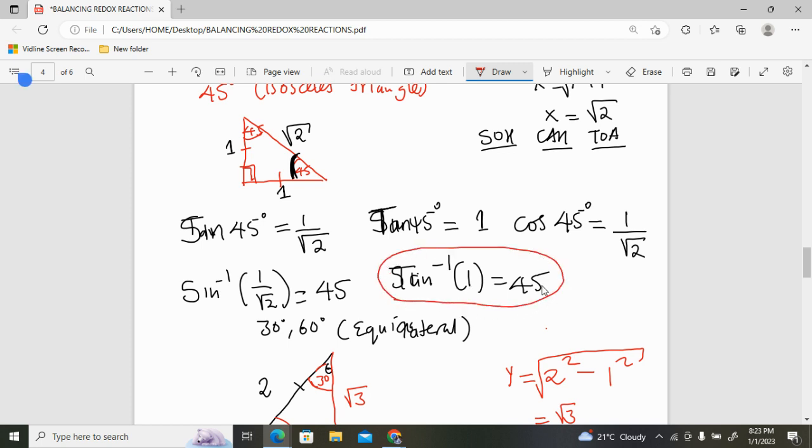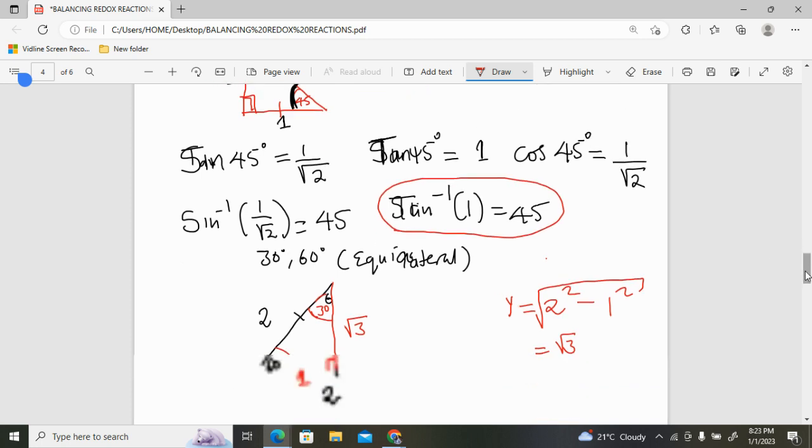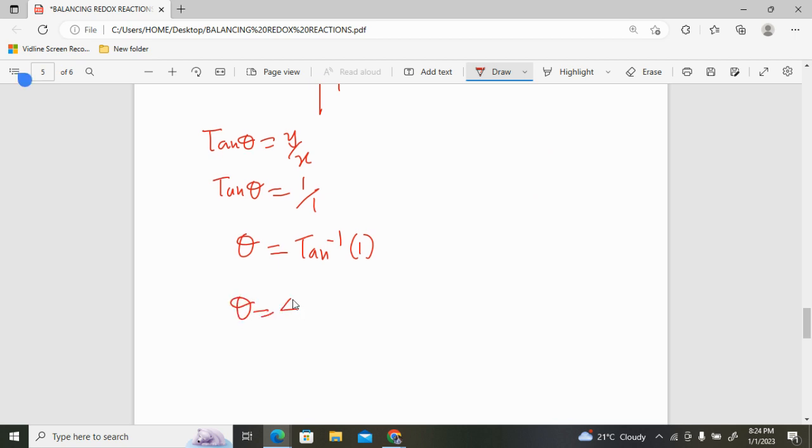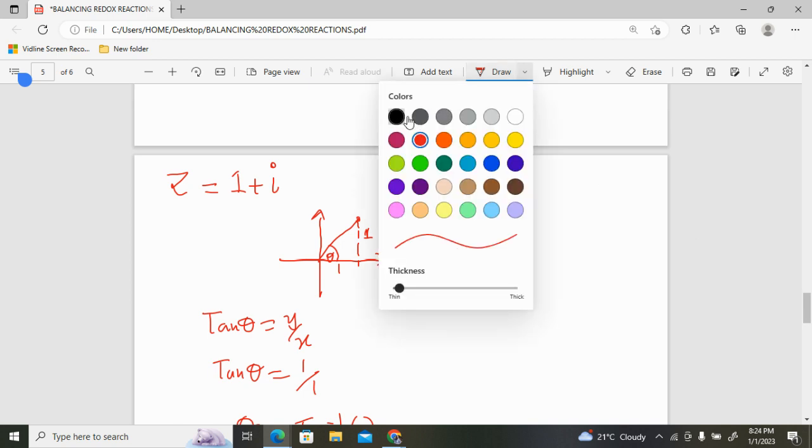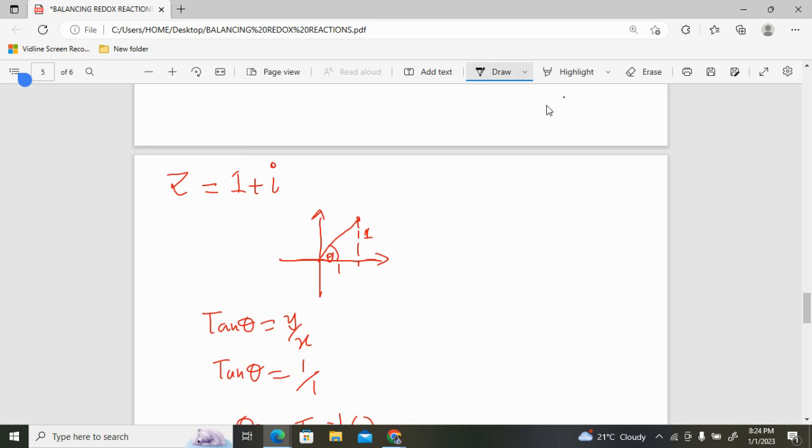Tan inverse of 1 is a 45 because tan 45 is a 1. So therefore, theta here is going to be equal to 45. This is the argument of this complex number. That is how you get to determine it. Anyone left behind? Are we all good?